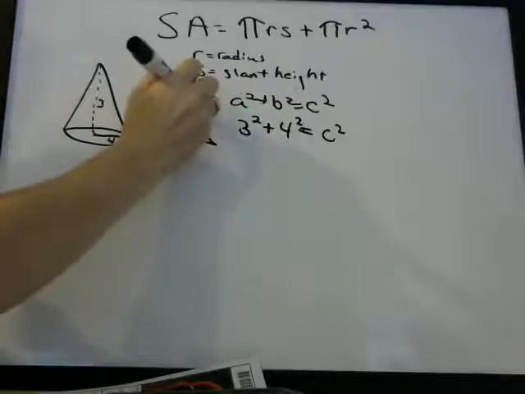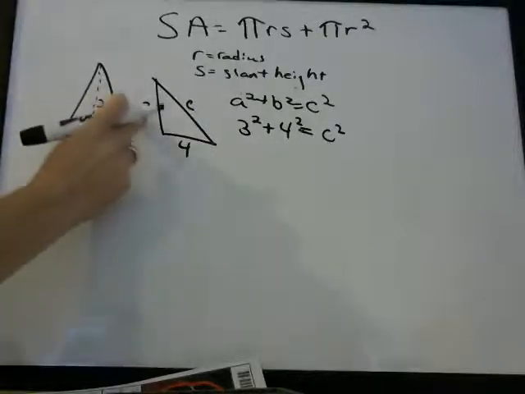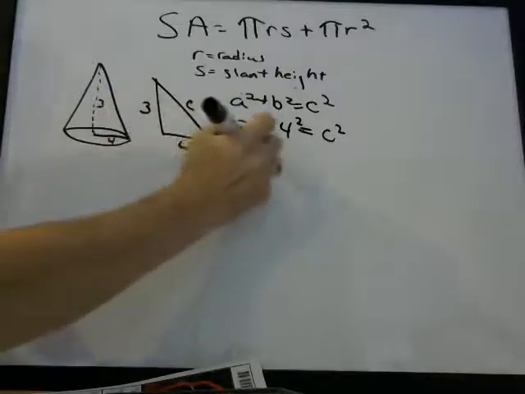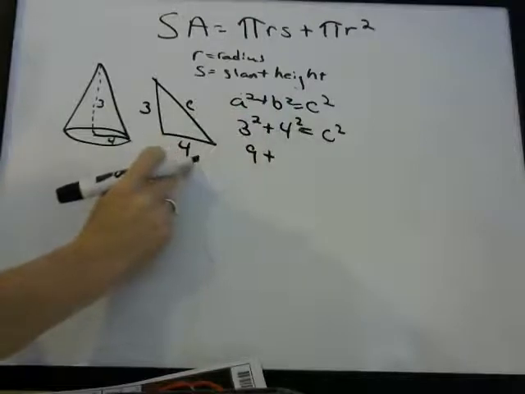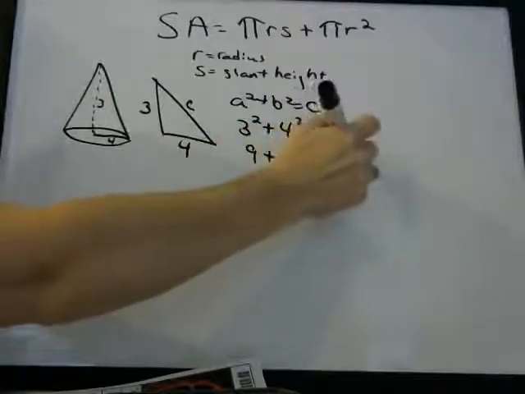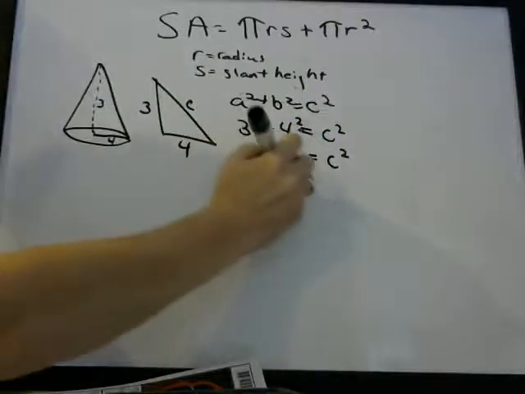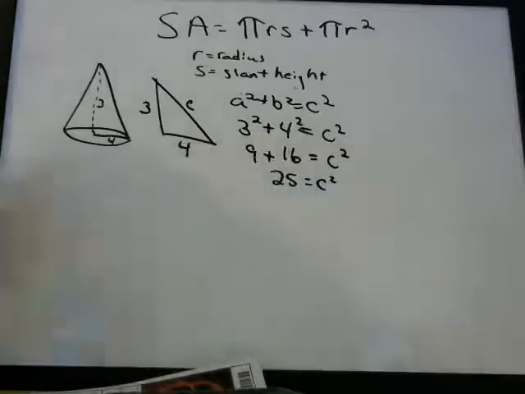And c is the length that we need. So again, if you don't know what the Pythagorean Theorem is, you have to watch that video from March 29th. So now, 3 squared is 3 times 3 is 9. 4 squared is 4 times 4 is 16 equals c squared. 25 equals c squared. 9 plus 16 is 25.